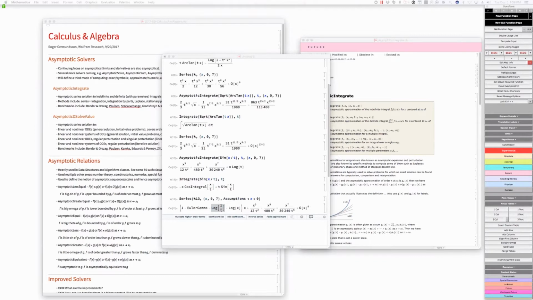Right, and I think maybe one difference that's relatively easy to understand is that asymptotic integrate tries to give you about n terms, whereas series gives you, quote unquote, order n, whatever that means, which in some cases is fewer than n terms, and in other cases is more than n terms. In some cases it's really quite mysterious what its meaning of order n is.